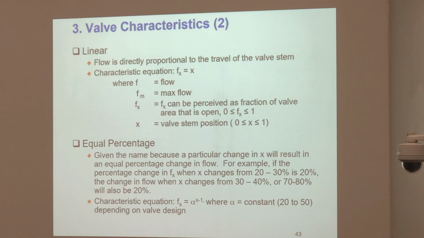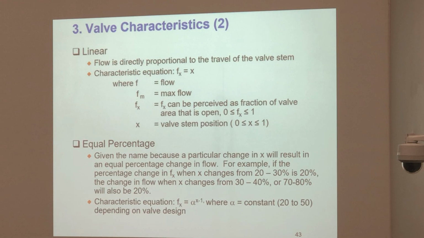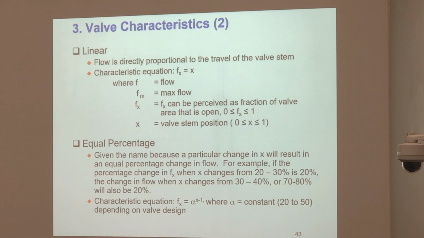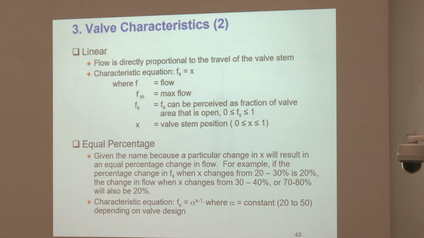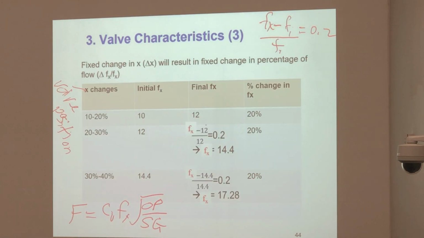So when I turn to, let's say, 50%, the valve may not open 50%. It only opens 50% if it's a linear valve, where whatever I open has to be the same. But for an equal percentage valve, you have to use a formula to calculate the valve opening, and that valve opening itself will affect the flow rate. And that flow rate can use this formula to calculate.